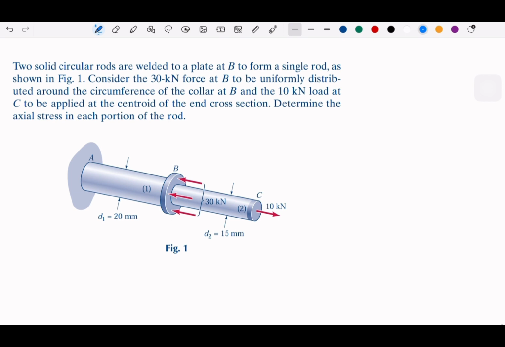Two solid circular rods welded to a plate at B. So B is a plate, and we merge these two together at this plate to form a single rod as in this figure 1, and consider a 30 kilonewton force at B. So this red is the 30 kilonewton force, and then it will be uniformly distributed.